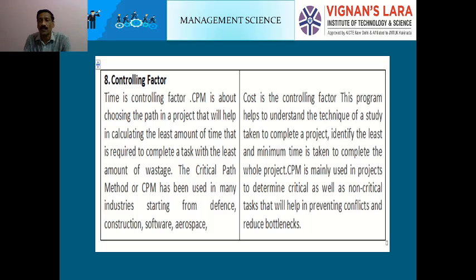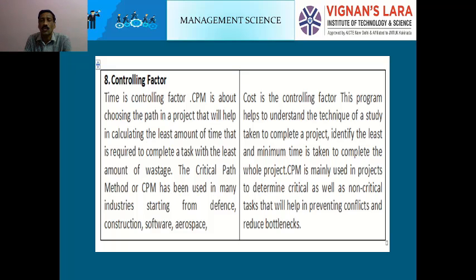The total program or events are completed with reference to the interrelated dependency relation between the costs. That means how much cost is to be incurred and established for completion of each project is the main advantage. That is, cost is the controlling factor in CPM.